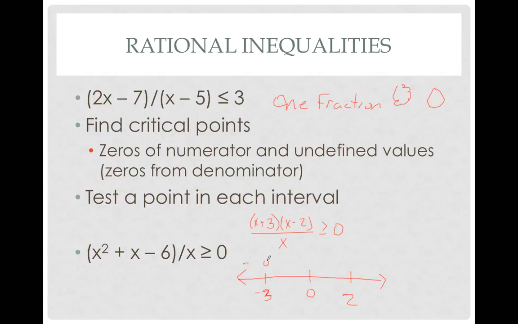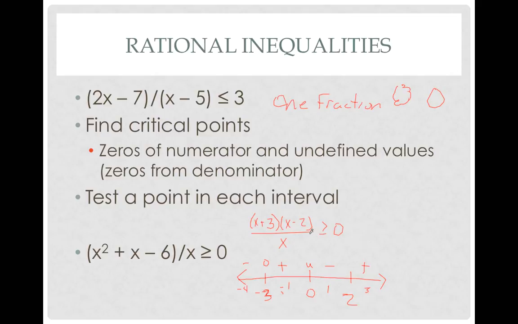Negative 3 makes it a 0. Actually, let's plug in a negative 1. Negative 1 makes positive, negative, negative, so that's positive. 0 is undefined. If I plug in a positive 1, that makes positive, negative over positive, so the whole answer is negative. And if I plug in a 3, I get positive, positive, positive, so the whole thing is positive.